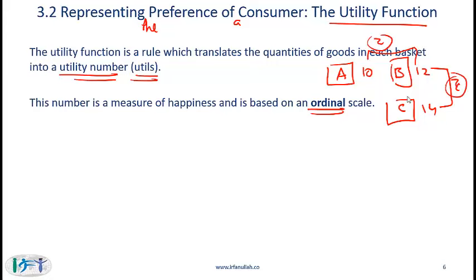We can't say that the preference of C to B is the same as the preference of B over A. That's what ordinal means. So C is better than B, which is better than A, and that's all we can say.